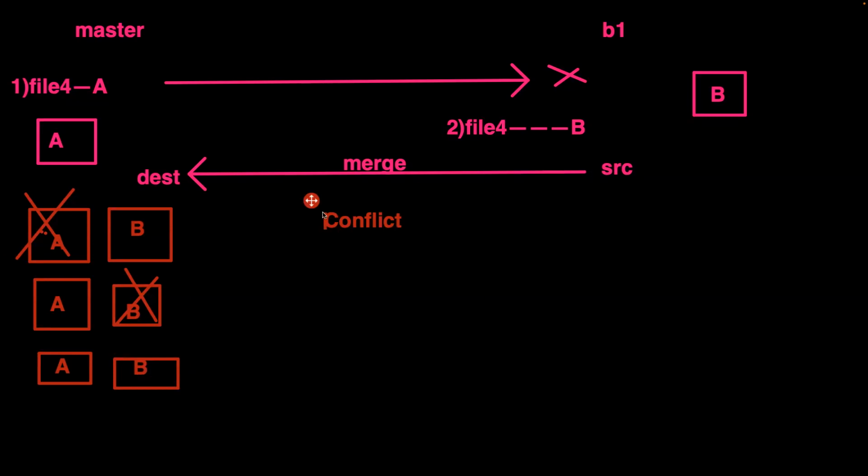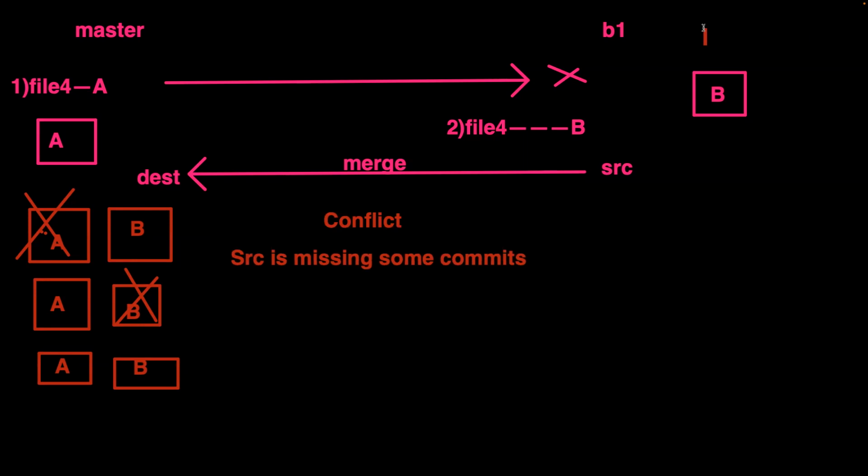So what is the whole point? Why are you getting conflict? Conflict comes when source is missing some commits which are there on destination. Which is missing? Commit A is missing, right? Sorry, commit B is missing. Commit B is, I'm sorry, commit A is missing, right?